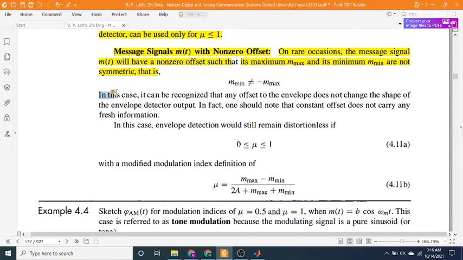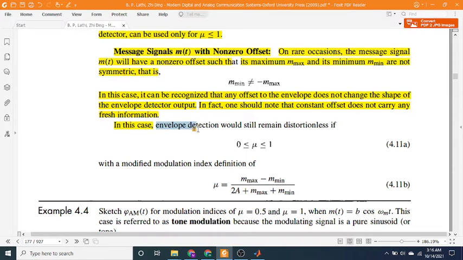In this case, it can be recognized that any offset to the envelope does not change the shape of the envelope detector output. In fact, one should note that a constant offset does not carry any fresh information.